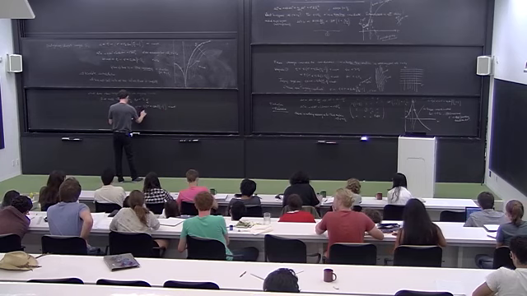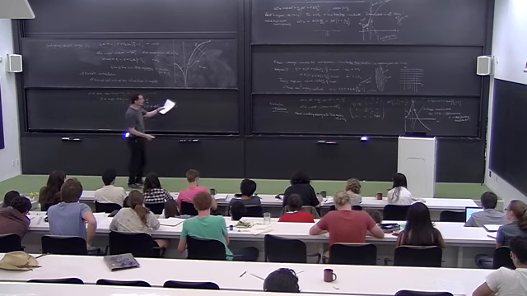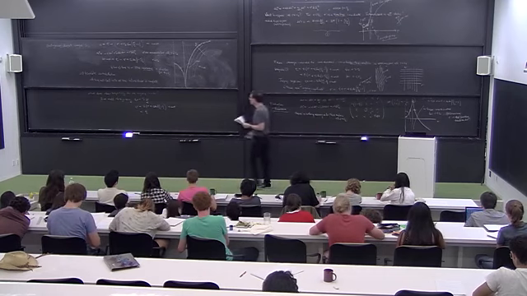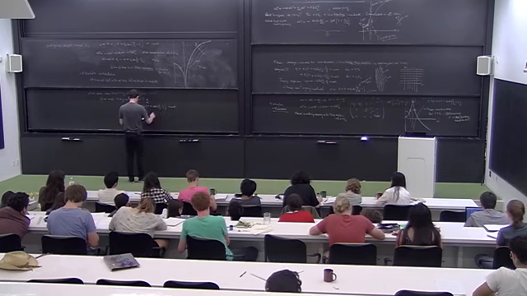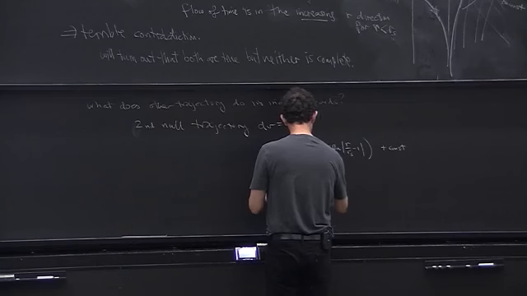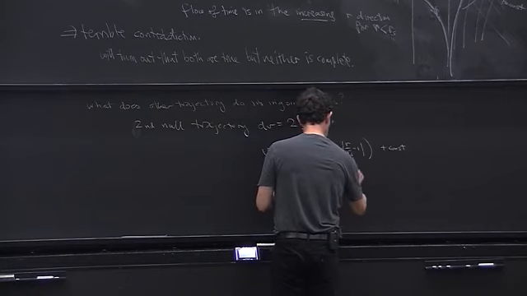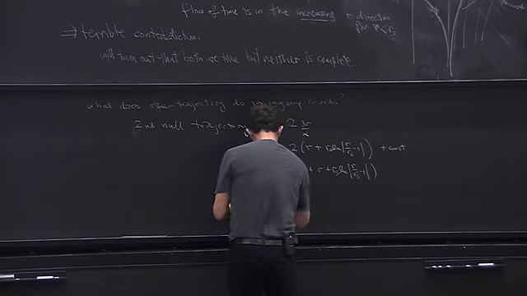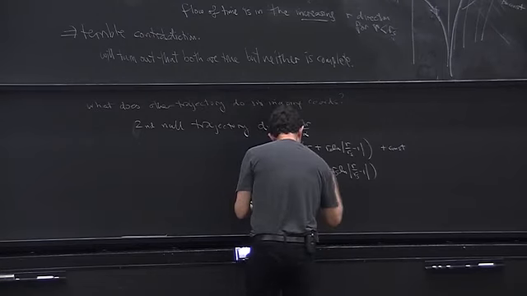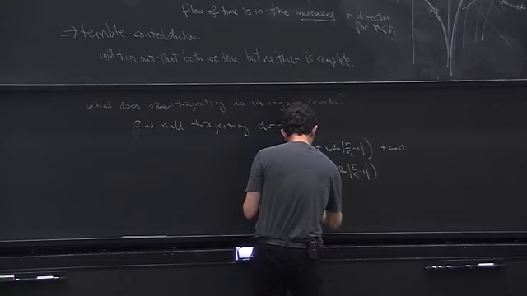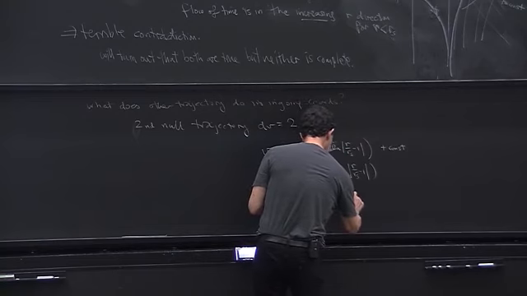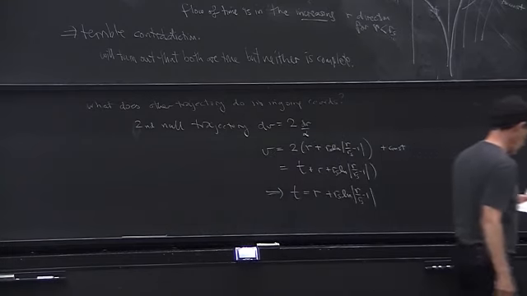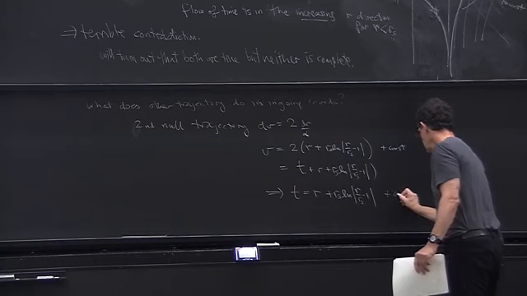And v, of course, in the ingoing coordinates was defined by this formula, t plus r plus r_s log mod r over r_s minus 1. And so you conclude from this that the second null trajectory in the ingoing coordinates looks like this, plus constant.